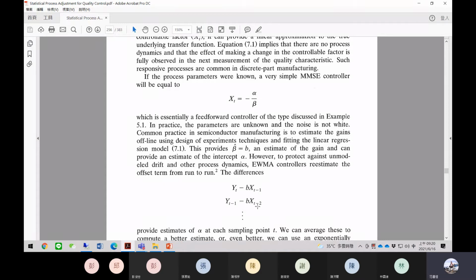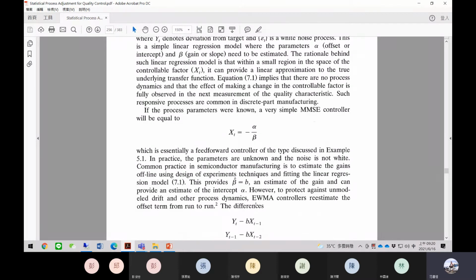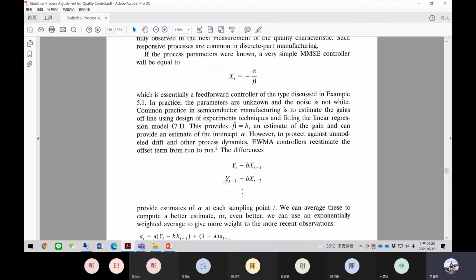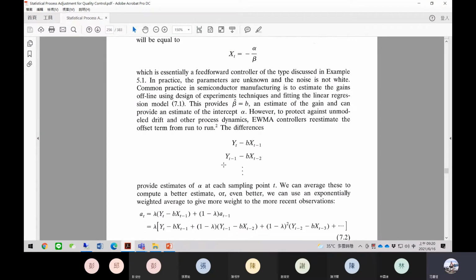At time t minus 2, that is YT minus 2 minus B XT minus 2, and so on and so forth, provides an estimate of alpha at each sampling point t.